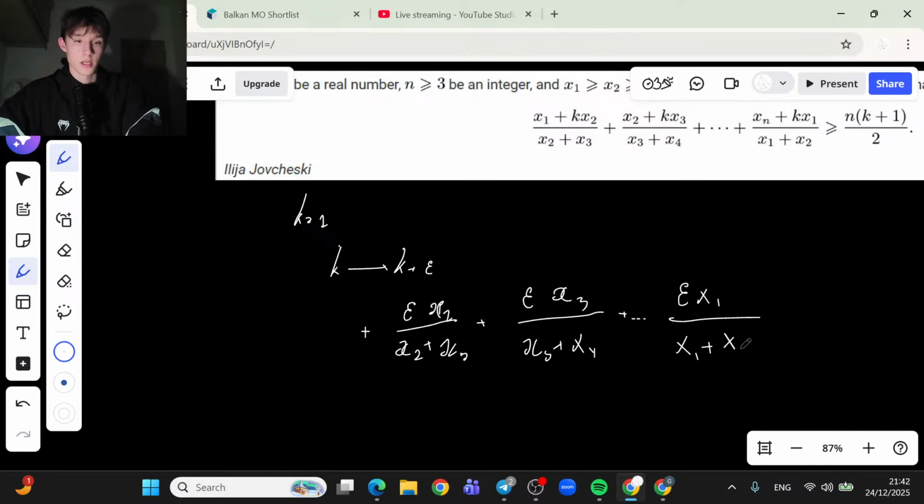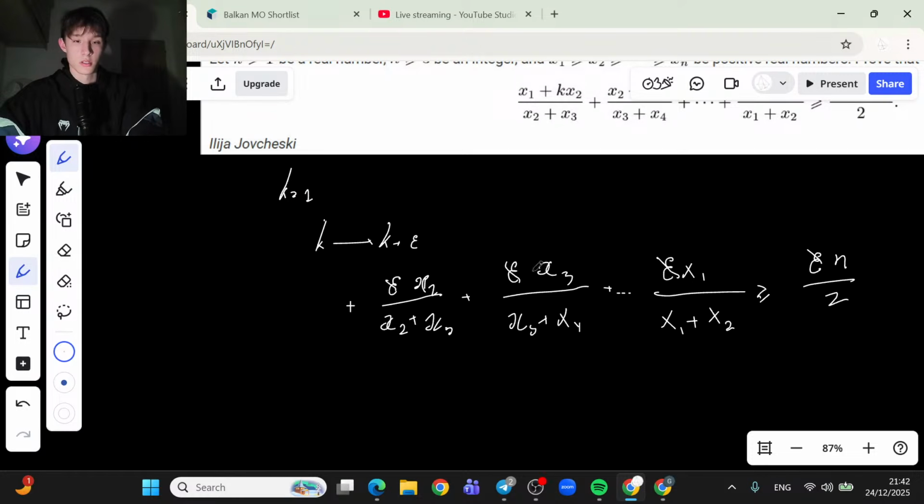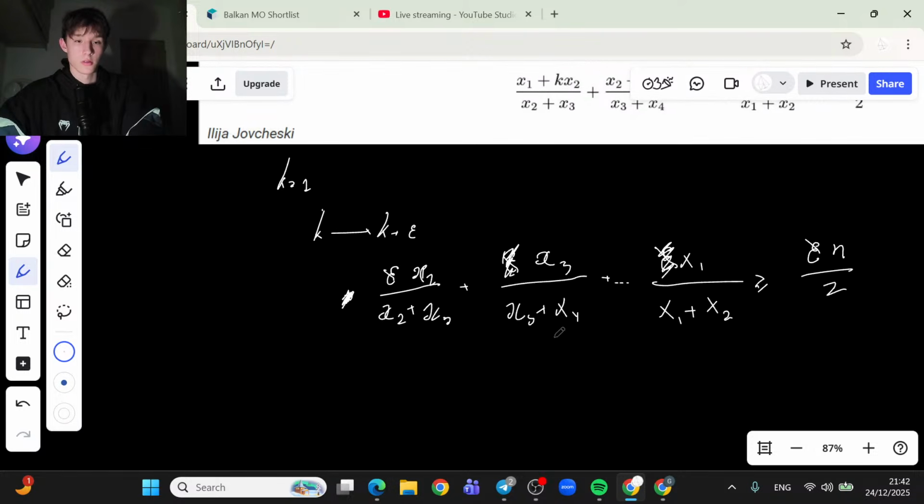We want to show that this is greater than or equal to what we add on the other side, which is essentially epsilon times n over 2. So we cancel the epsilon out, and we just want to show this is greater than or equal to n over 2.